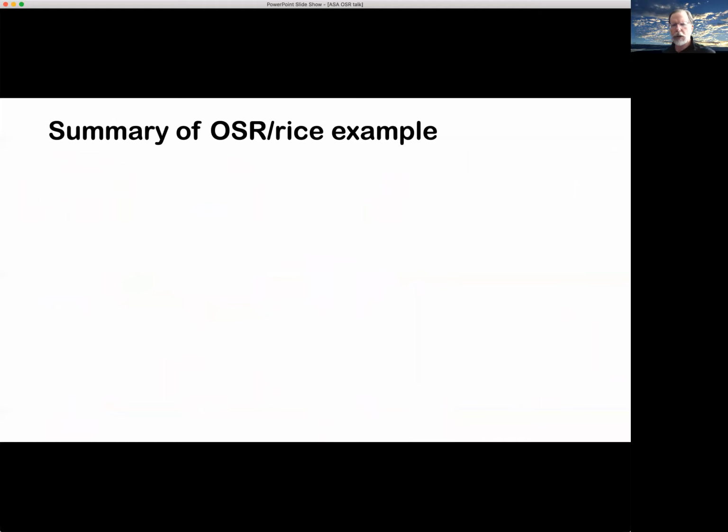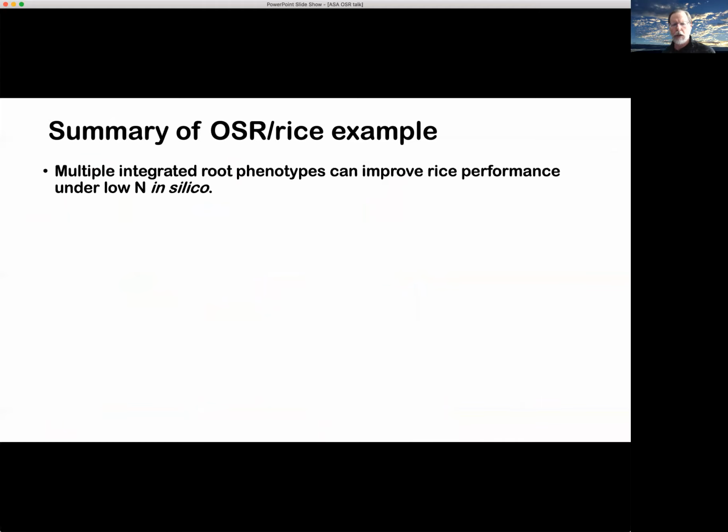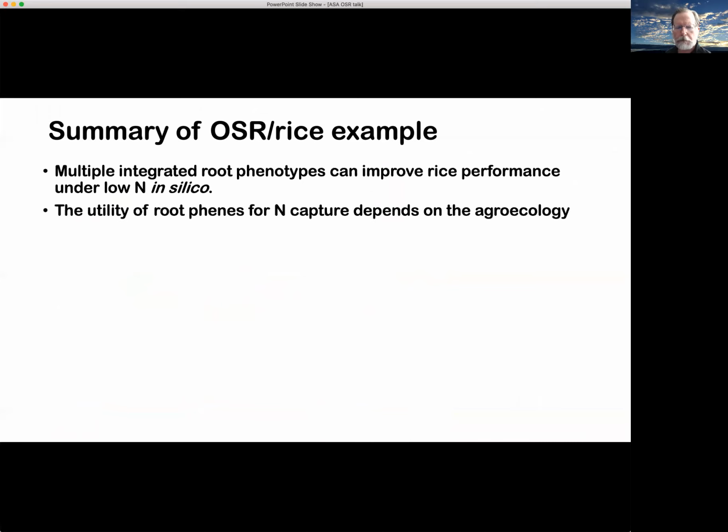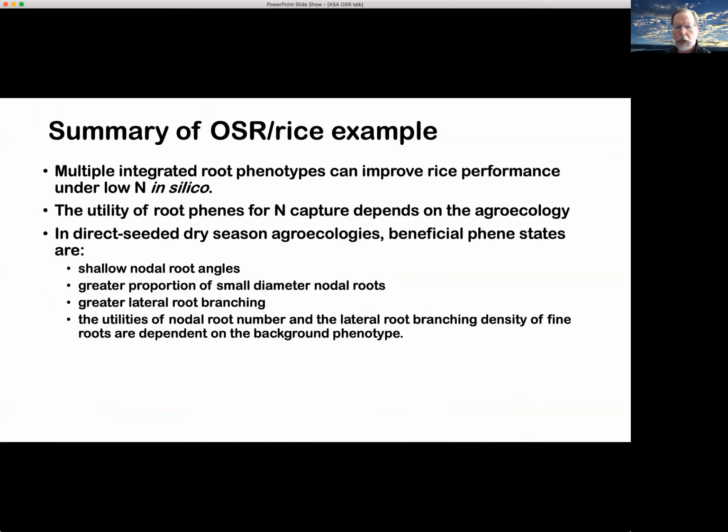So to summarize this OSR rice example, multiple integrated root phenotypes can improve rice performance under low nitrogen in silico. The utility of root phenes for nitrogen capture depends on the agroecology. In direct seeded, dry season agroecologies, such as I presented here, beneficial phene states are shallow nodal root growth angles, greater proportion of small diameter nodal roots, greater lateral root branching.